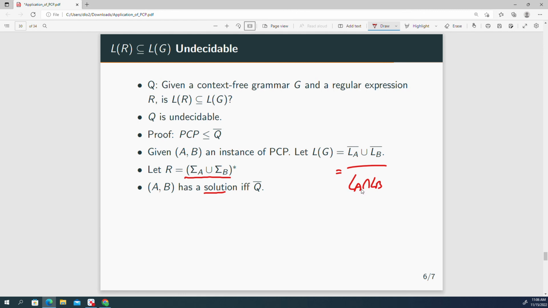So if you have a solution, that means LA intersect LB is not empty. There's something there, and that thing is in the left side but not in the right side, and therefore the answer to Q bar is yes, so Q is no. And therefore we actually reduce PCP to Q bar. But since PCP is reducible to Q bar, it is also reducible to Q. So since PCP is undecidable, Q must be undecidable.